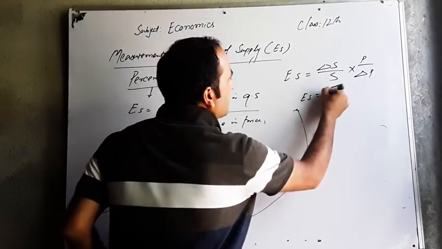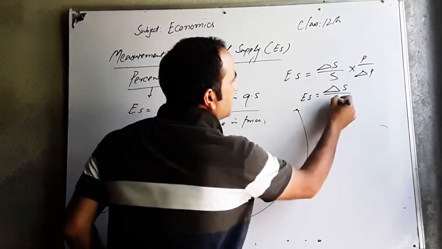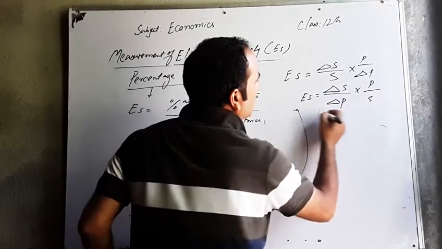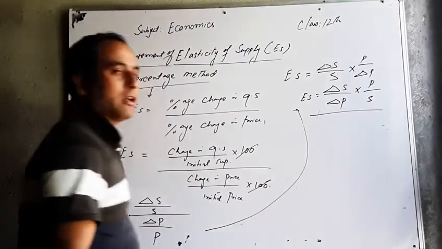We will write change in S divided by change in P multiplied by P by S.